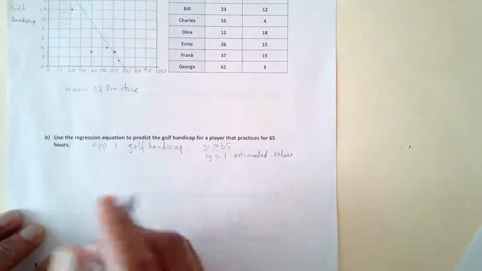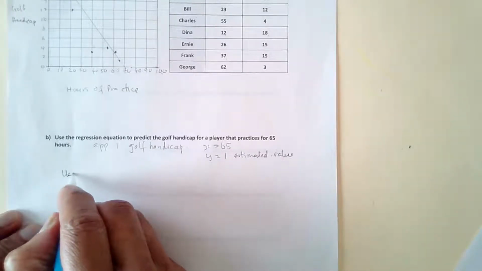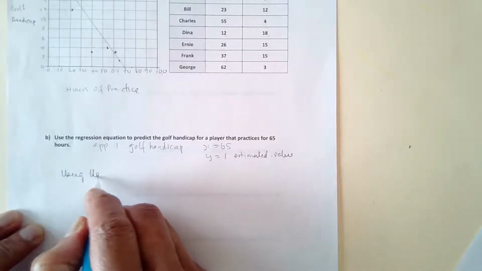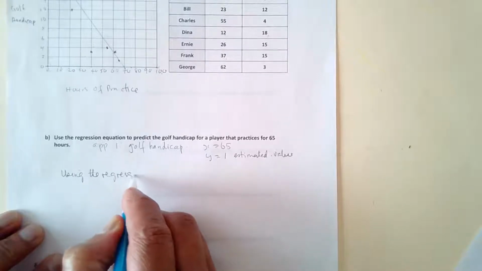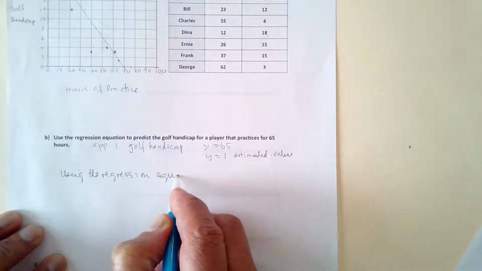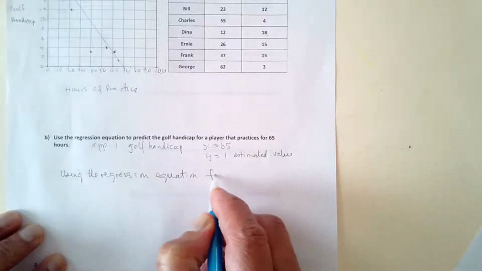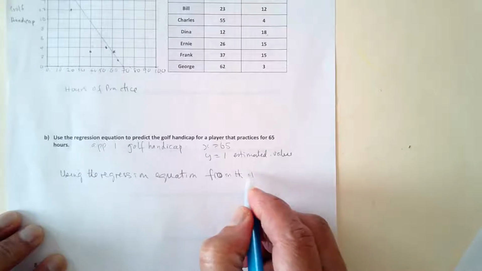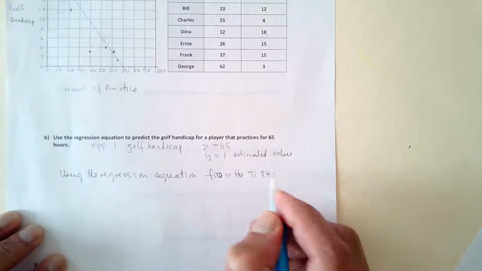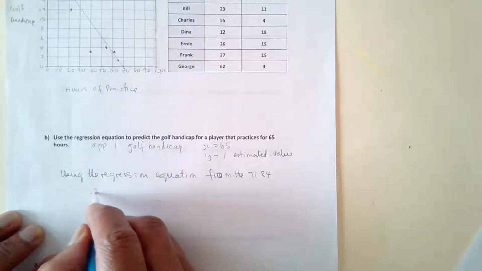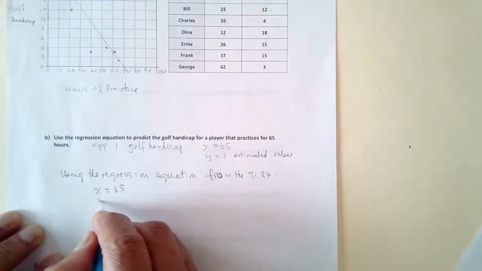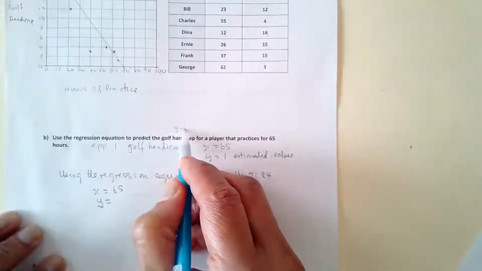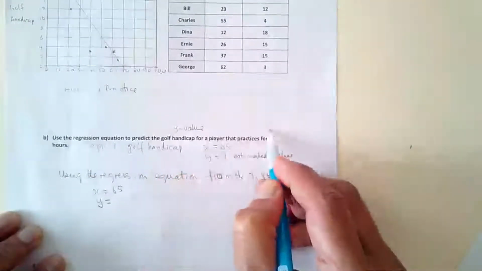We'll use the regression equation from the TI-84. X is equal to 65. Y, which is your golf handicap, is what they're asking you here, right? The golf handicap is the y value. This is your x value.